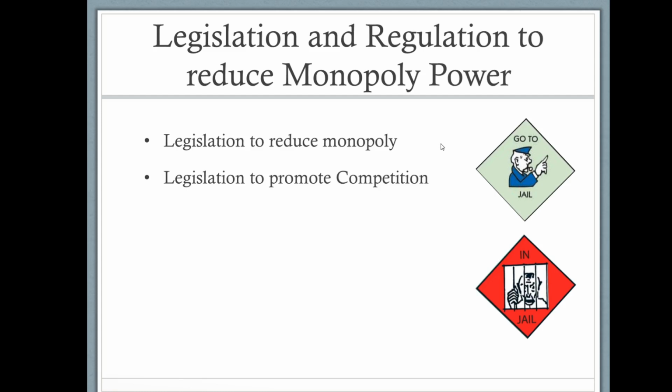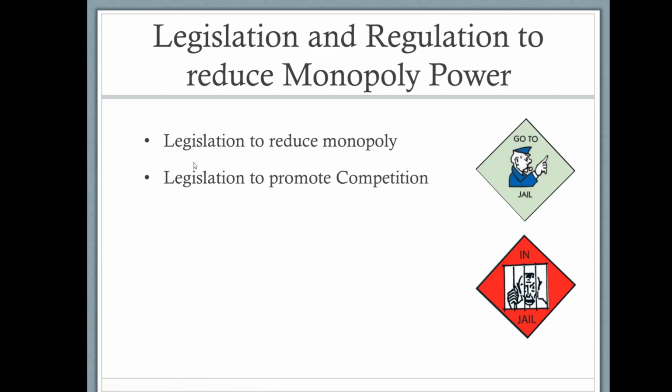But at the end of the day, they're still in the market, and even though we know there are some legislations controlling monopoly, it's not really working. They are still selling very expensive drugs, the life-saving drugs that people deserve, and they're still making a lot of profits. So maybe there may be some arguments about the effectiveness of the legislation.